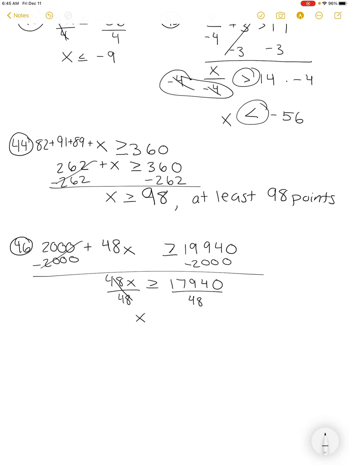It wants me to round to the nearest whole dollar. So I see I get 373.75. That would round to 374. So the monthly payments are at least, because they can be greater than, $374.